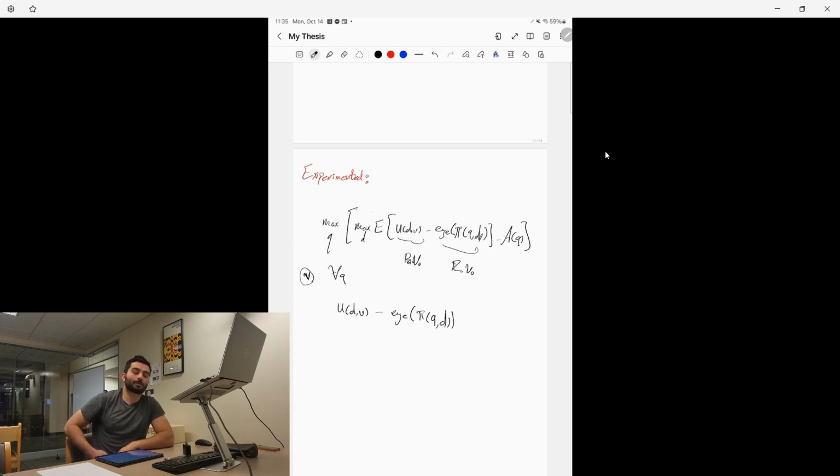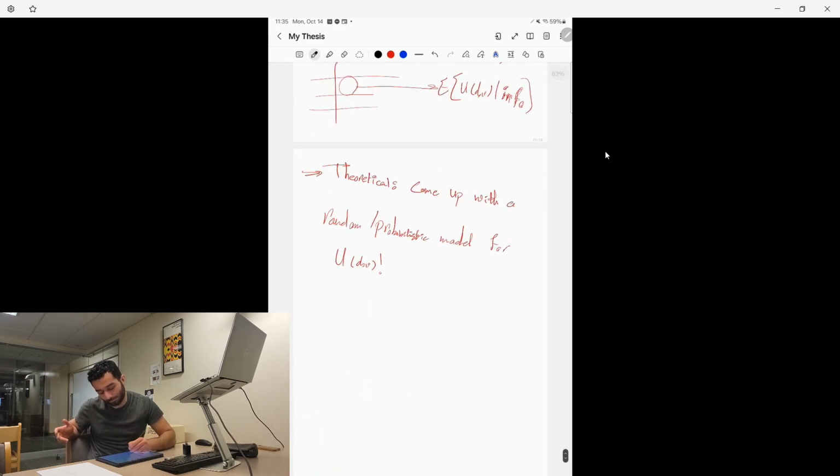Exactly, that is also the problem with the click model. The click model doesn't say anything about comparison.